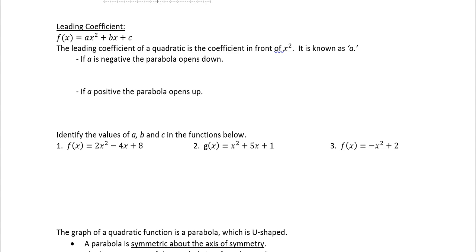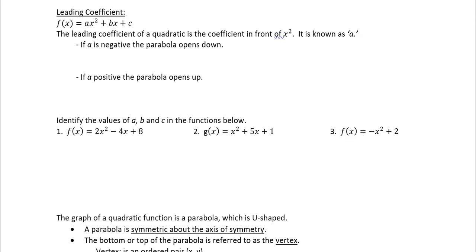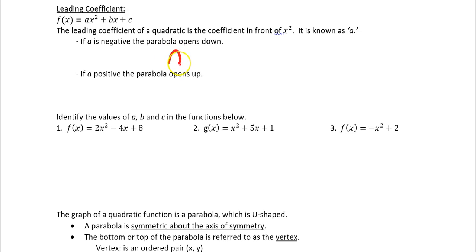If a is negative, the parabola will open down. So just put a quick sketch in there of a parabola that opens down. And that's if a is negative. So an example might be if a is -1 or if a is -3.